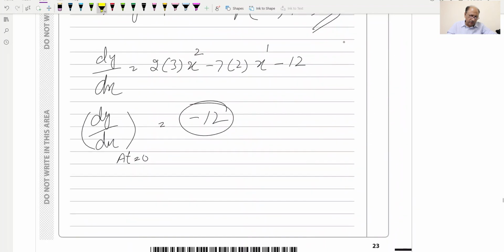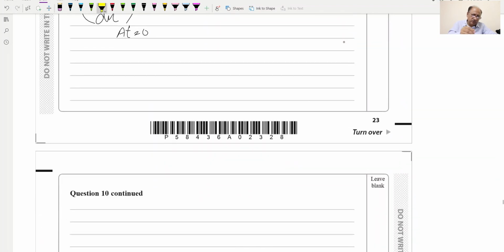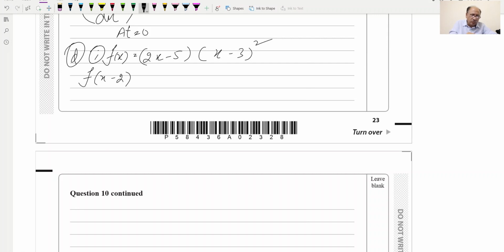So the first part for D we can solve over here. We have the equation (2x minus 5), and this is our f of x. So we can find f of x minus 2, which is required.